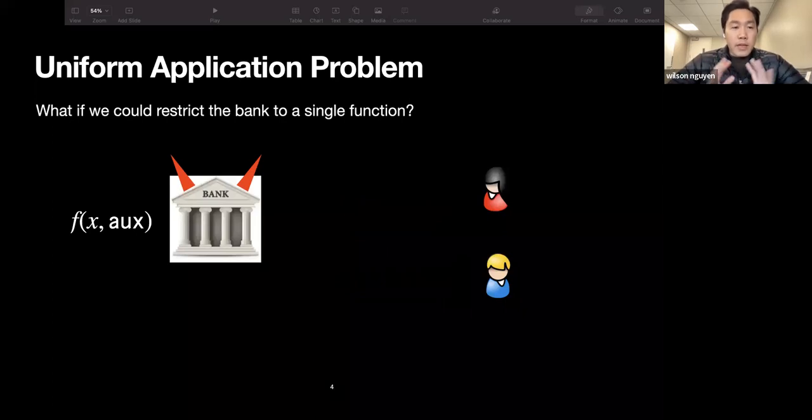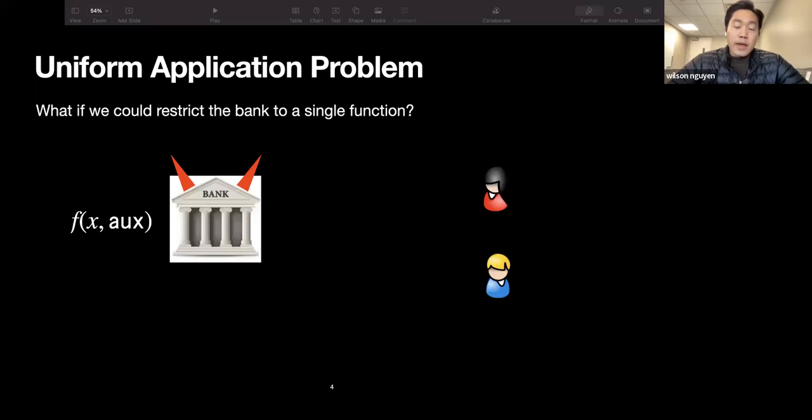Say we had an imaginary way to restrict the bank to a single function. There are still ways that the bank can be malicious. So say the function is not just of Alice's and Bob's financial data, but also includes some type of secret auxiliary information.